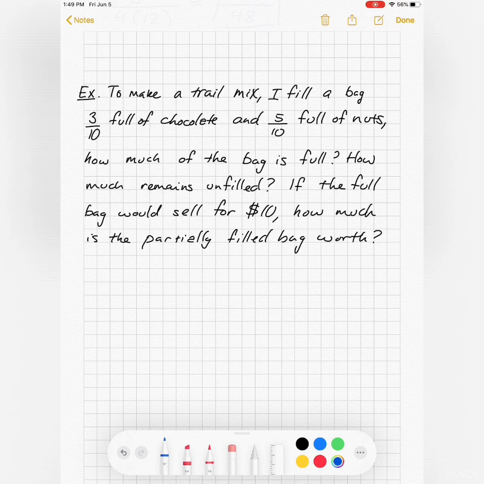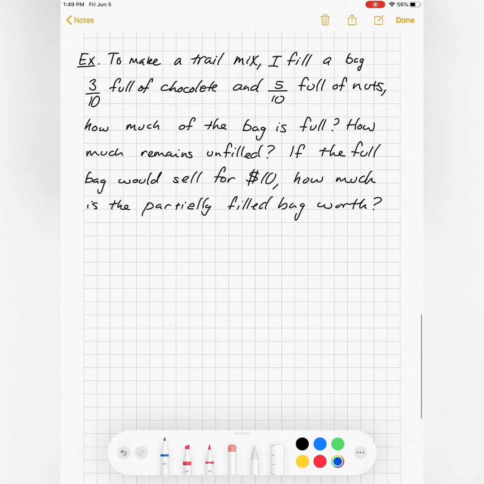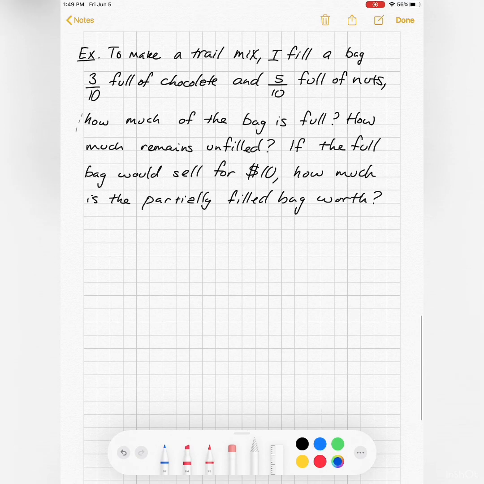Okay, what about this little word problem? To make a trail mix, I fill a bag 3/10 full of chocolate and 5/10 full of nuts. How much of the bag is full? So should I start with that question maybe?